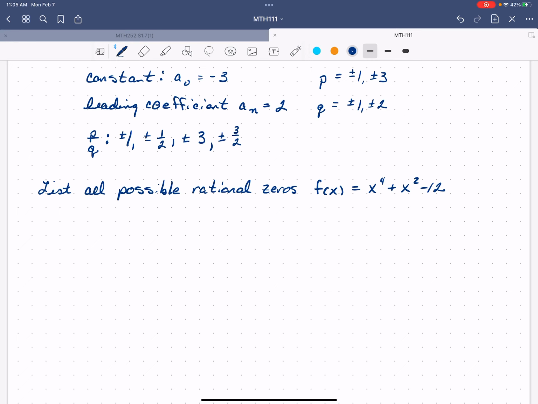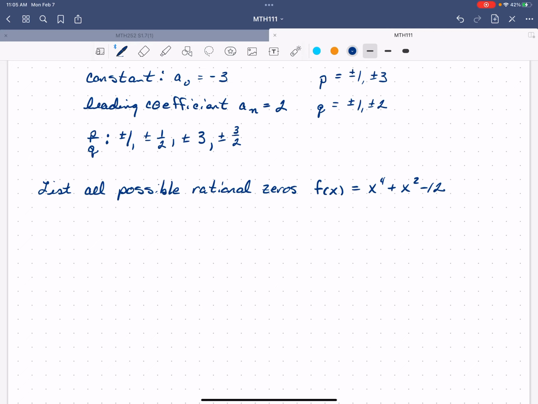Now you may remember that this is what we call quadratic in form, and for finding zeros we could actually factor this guy. But I don't want to do that right now. I want to find all possible rational zeros. And then we'll actually go ahead and figure out which ones of those are zeros and their multiplicities.